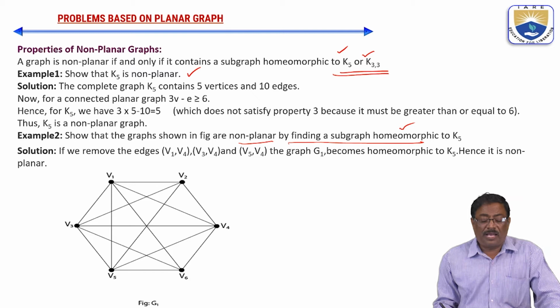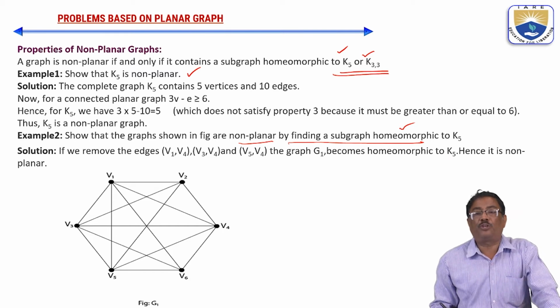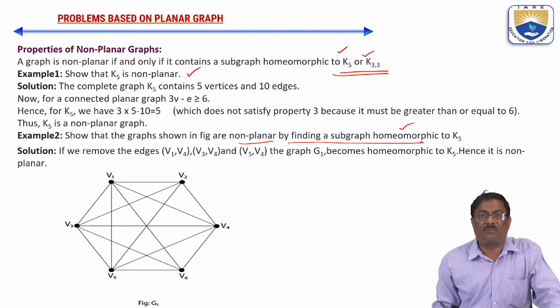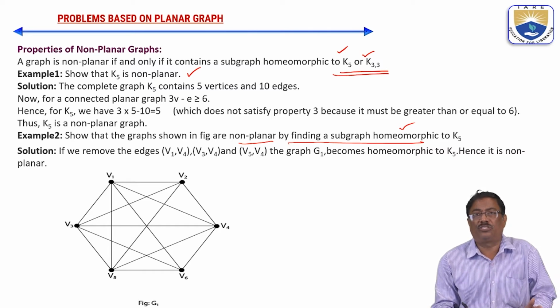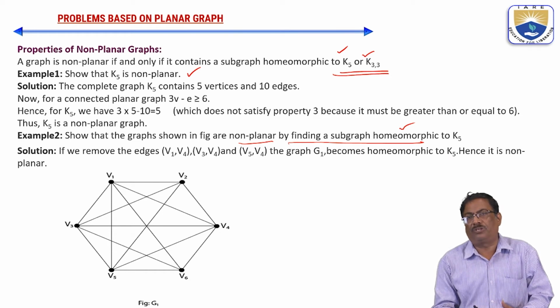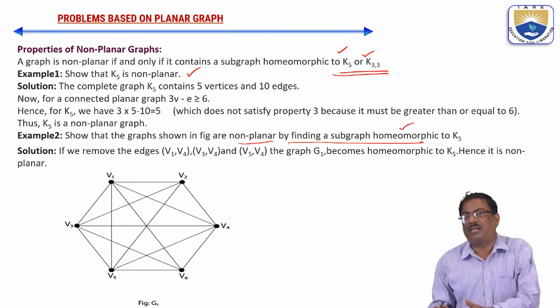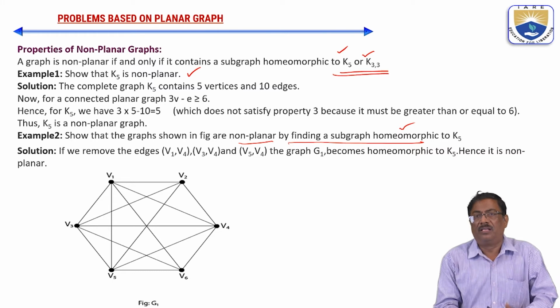So here, this is the given graph, and I am going to remove some of the edges. If it is reduced, that means I am going to find a subgraph. A subgraph is what we get when we remove any number of edges or vertices from the graph.